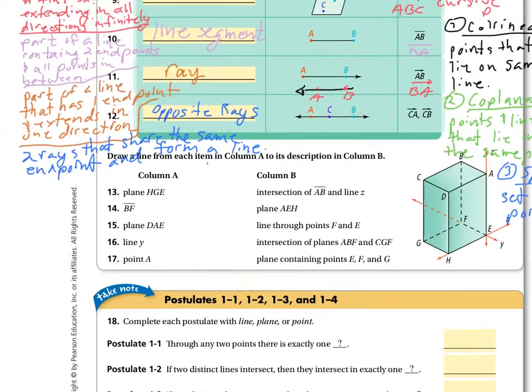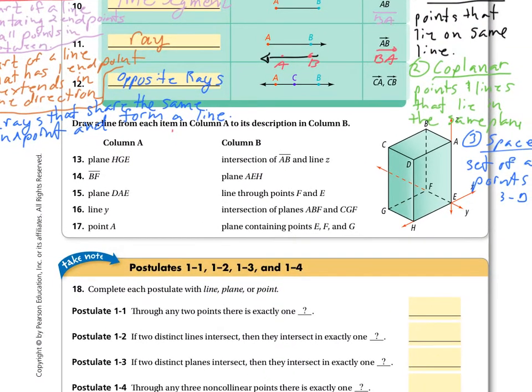But, whoops. That back into place. 13 goes down here, and 14. What did BF go to? Oh yeah, it went down to here. And then plane DAE, was it the same as AEH?